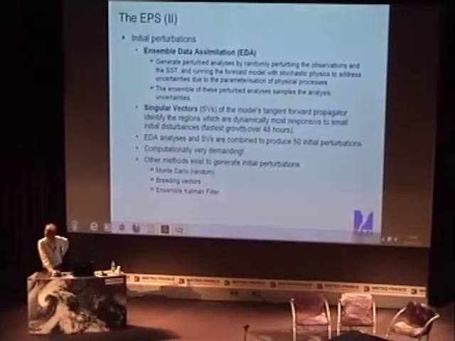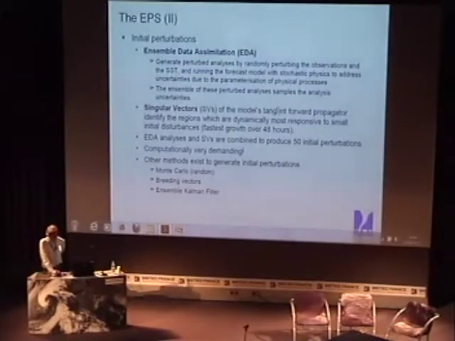I think in the current configuration there will be 10 of these analyses generated. What you obtain is a collection of different analyses that take account of the uncertainties in the starting analysis due to the model formulation, the physics, the parameterization, and the observations as well. So it samples the analysis uncertainties.